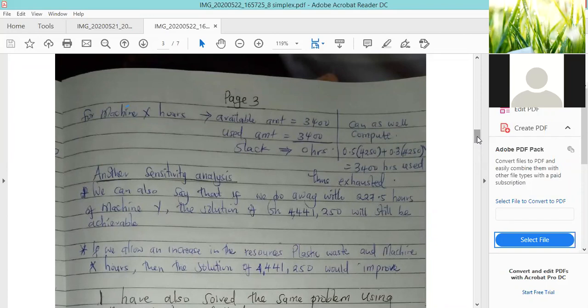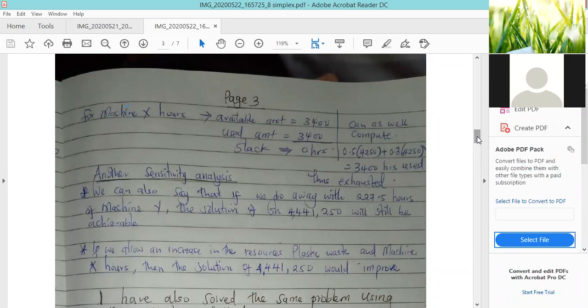I repeat, because we had already exhausted the plastic waste, let's say we have any additional amount. If we increase the units of the plastic waste by the given amount there, then our objective function will change by the same amount. It will increase. If we allow a decline in the plastic waste, for us to come up with a figure of 4,441,000, we have to use the whole 34,000. So if we allow a decrease of 6,800, then that would have the same effect on the objective function value. It will also go down.